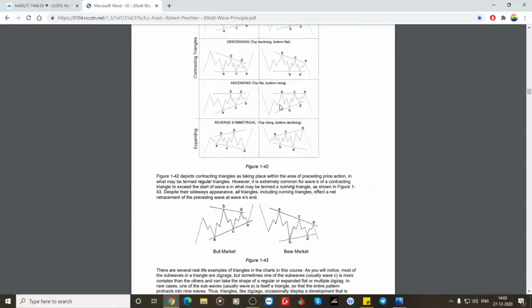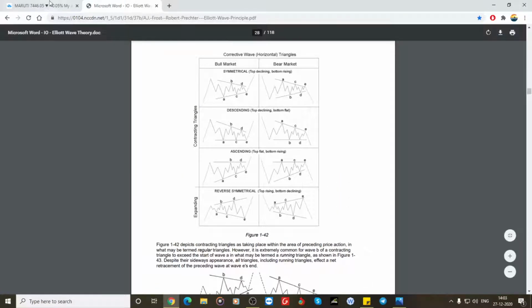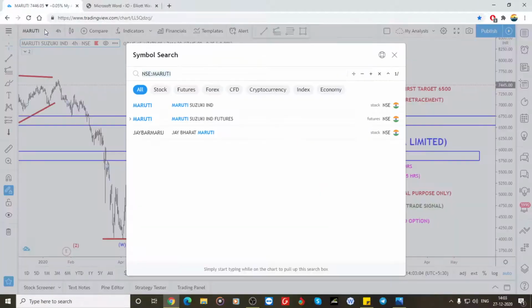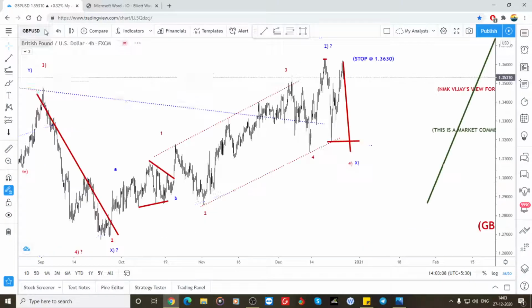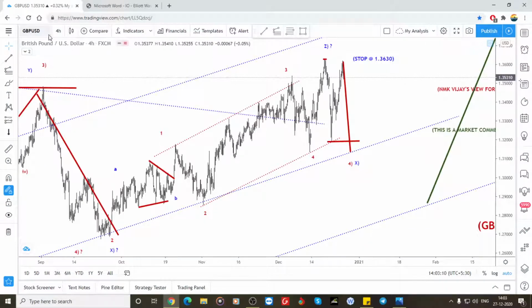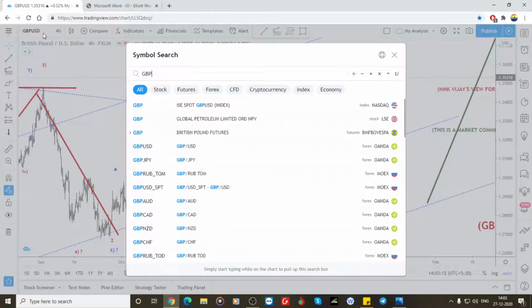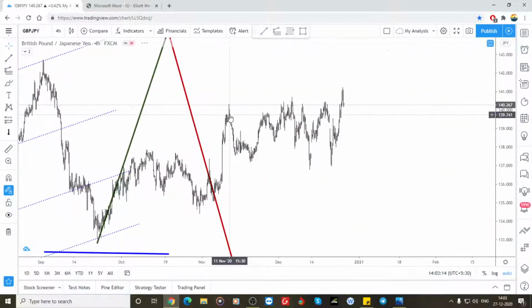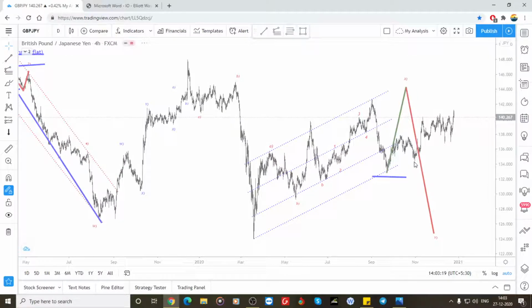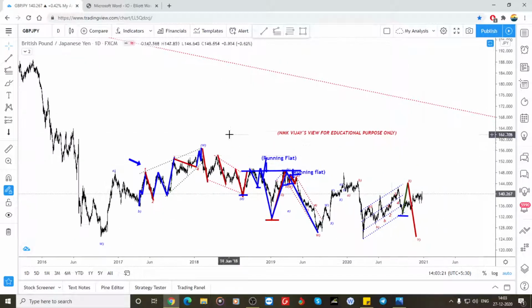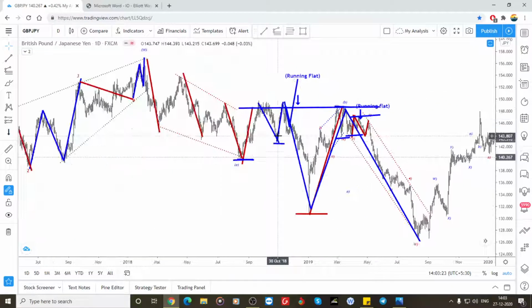Each and every pair has its kind of characters. I will show you the characters. For example, this is not a triangle. GBP JPY, how to find the characters? See, in this you will get a lot of wedge formations. Everything has a wedge formation.